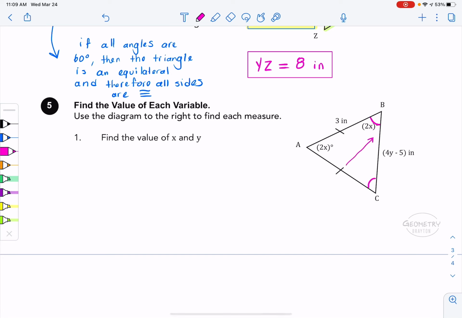It's the angles across from those sides. So not only are those two angles congruent, but because I see that this one is already 2x and this one is already 2x, I know this angle must also be congruent. So I know that every angle in this figure sums to 60 degrees.